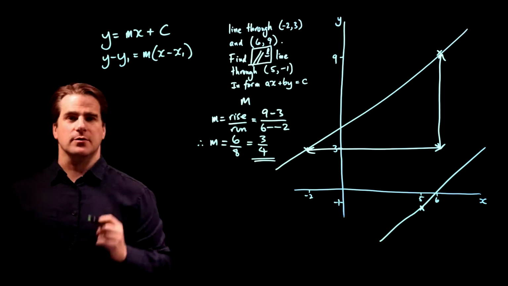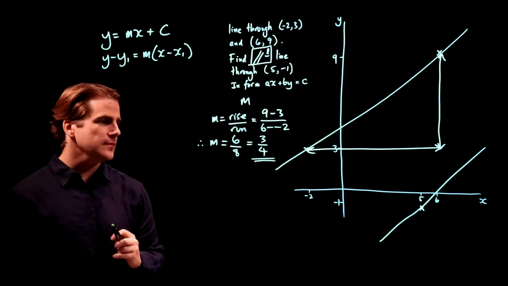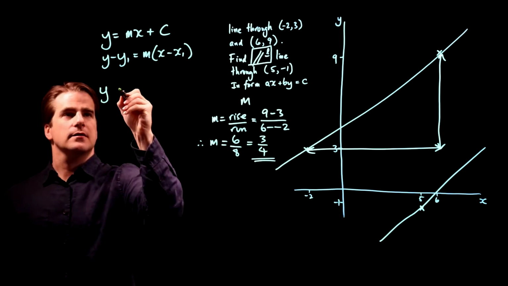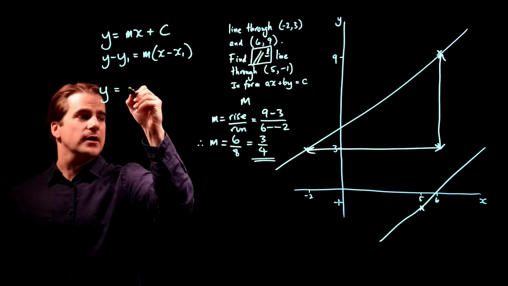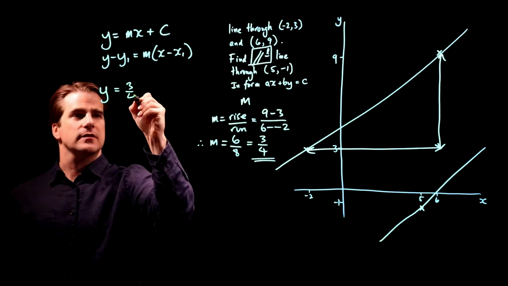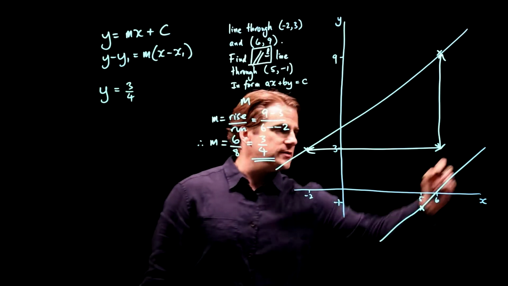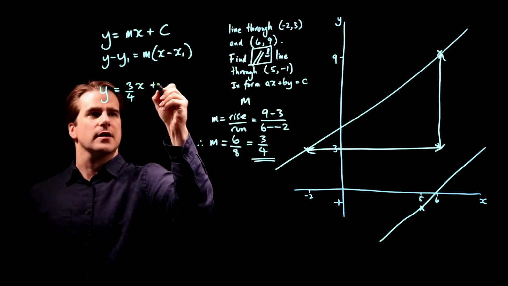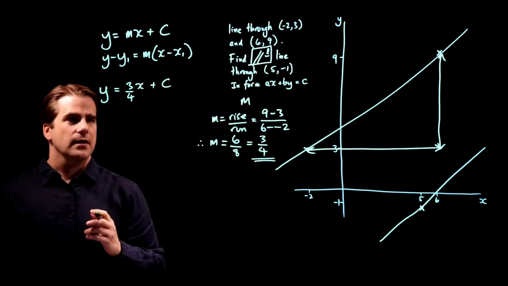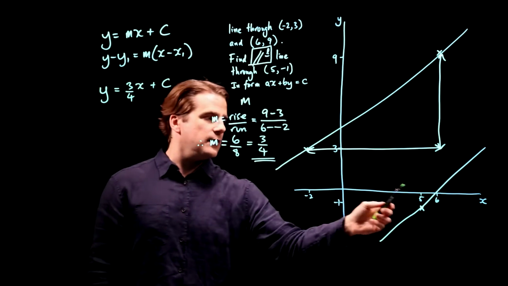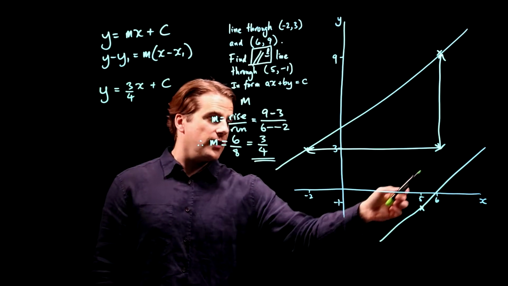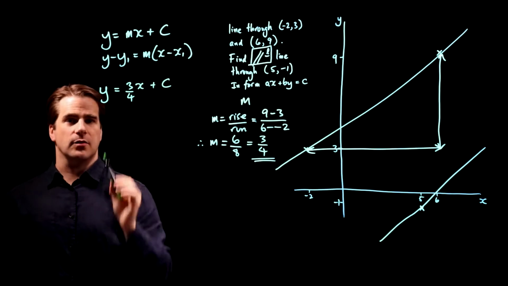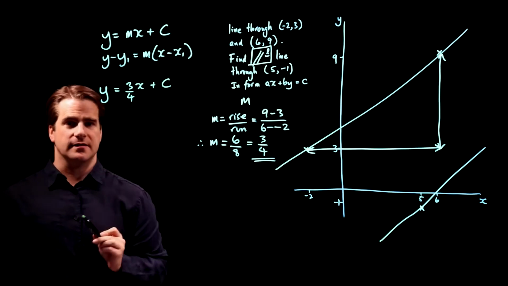So let's start with y equals mx plus c. So what you do, we know the gradient is 3/4, so the equation of this new line is y equals mx plus c. And you just pick a point on the line that you know and use those values of x and y and sub it into this equation to find c.